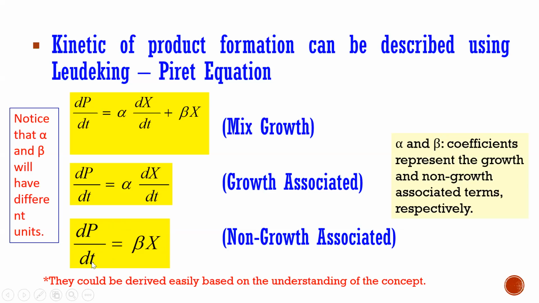Therefore, dP over dt is proportional to x. When you change to an equal sign, you get a constant, named beta. Although it's non-growth associated, there is still an element of x here, because everything is based on the cell concentration or the cell number. For mixed, it is nothing; you just add these two elements together.